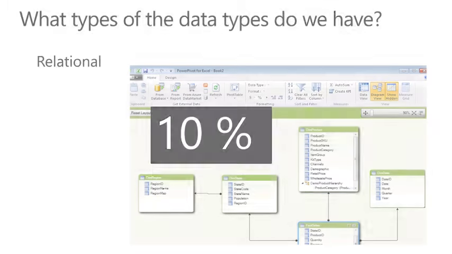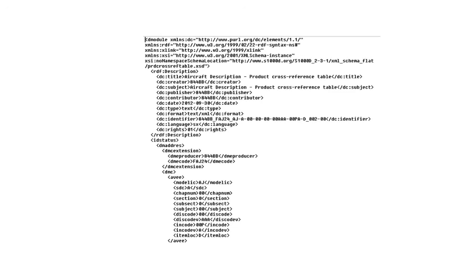The other part is, of course, non-relational. But how can you see this? What is non-relational? Now on the screen, you can see something called XML, or JSON. JSON looks a little bit different, but it's a similar concept. XML and JSON can be tricky.